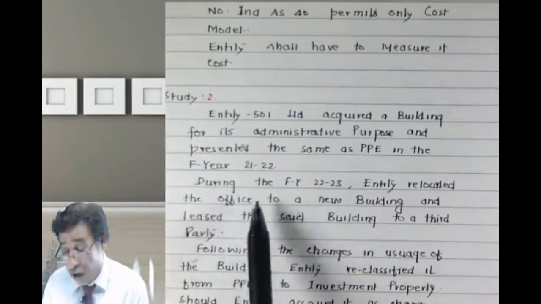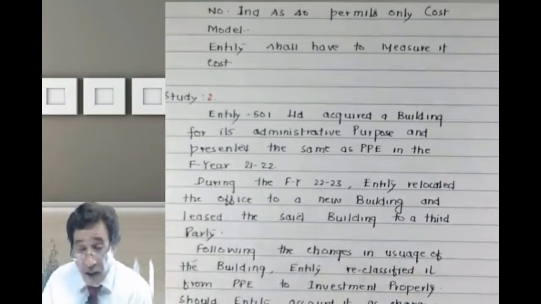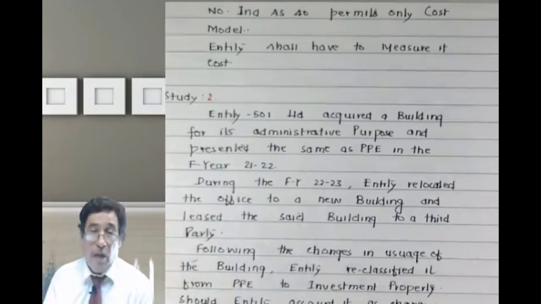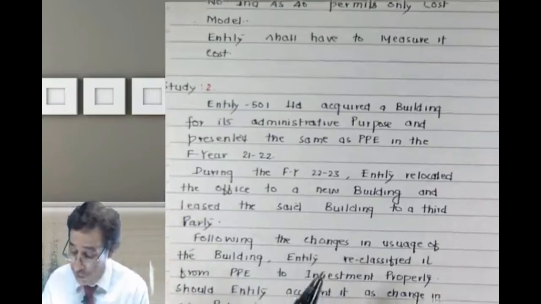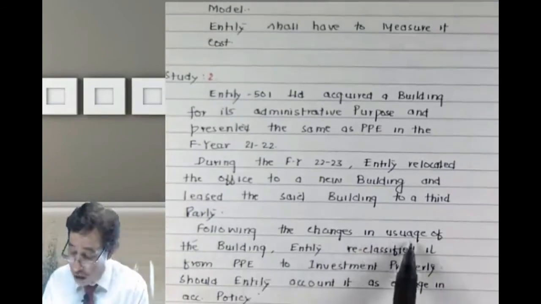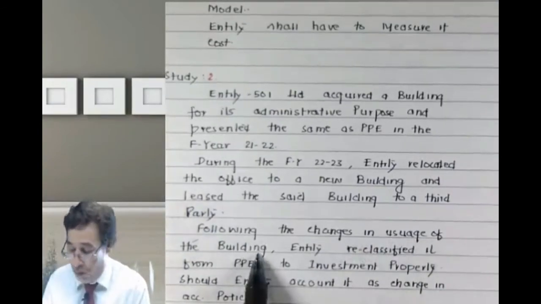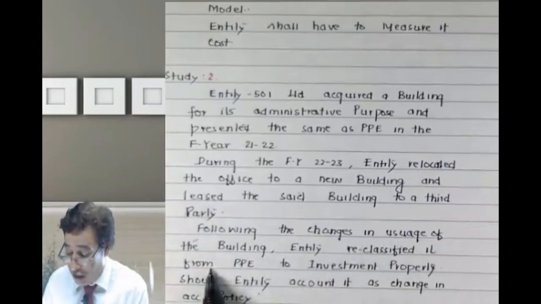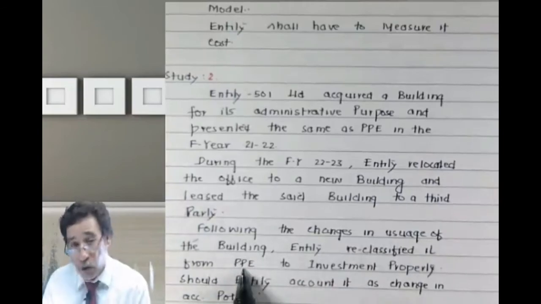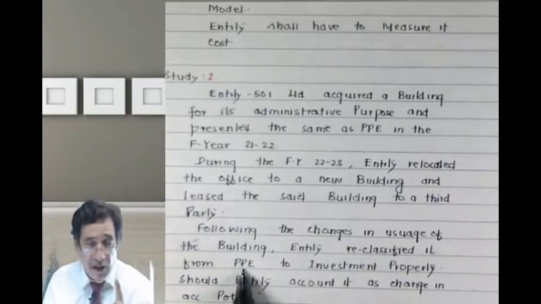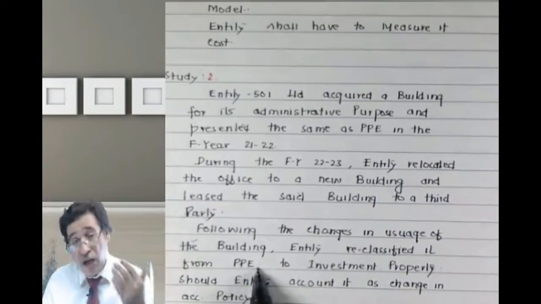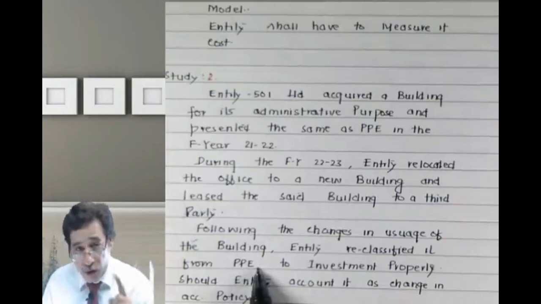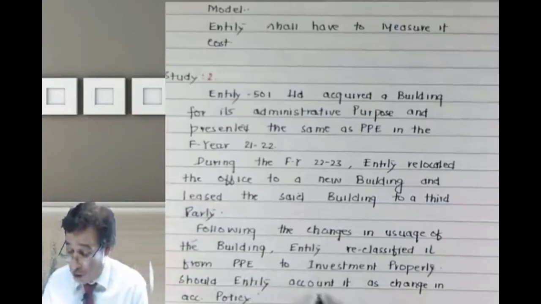That means this old building is no more owner-occupied property, and it has now become investment property. Following the change in usage of the building, the entity reclassified it from PPE, because owner-occupied property is classified as property, plant and equipment, to investment property.